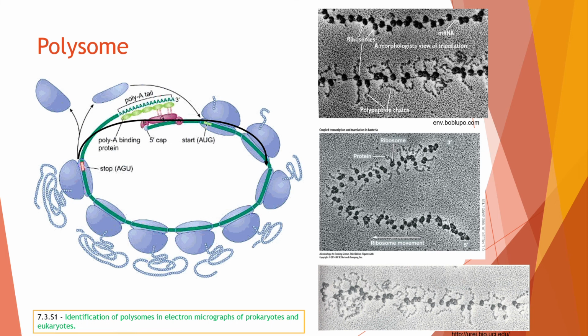Joining the 3' with 5' end makes them closer to each other, and then it increases probability that right after completing one translation, subunits of a ribosome will find the beginning of the same mRNA and will join together to start a new translation. So instead of linear mRNA molecule, such a circular polysome makes recycling of ribosomes much faster and the process of producing many copies of the same protein more efficient.